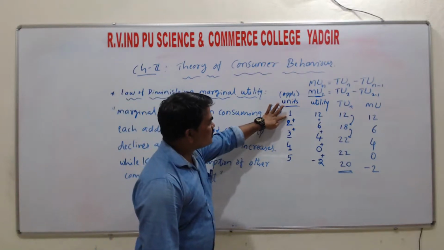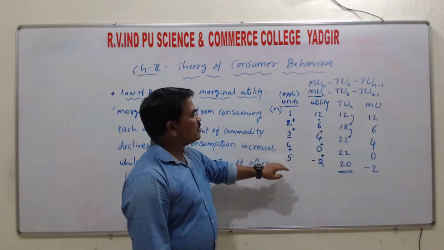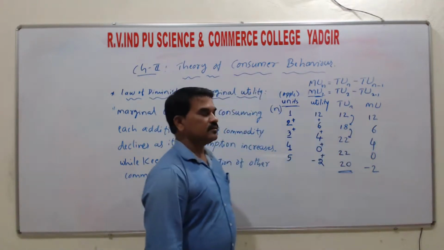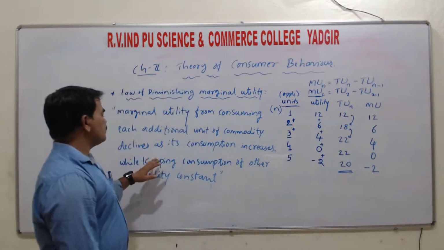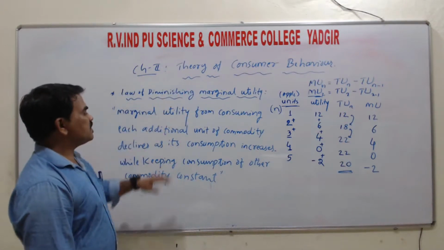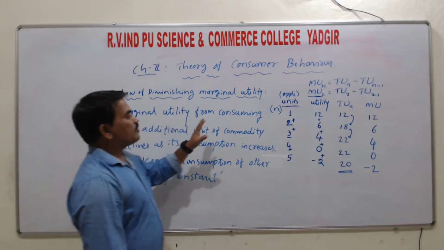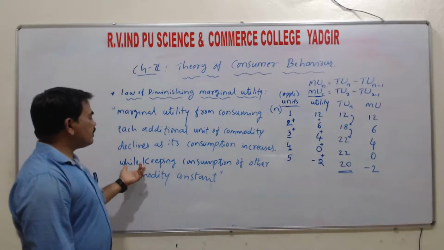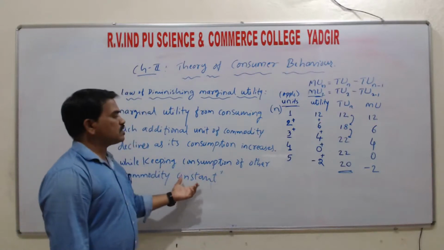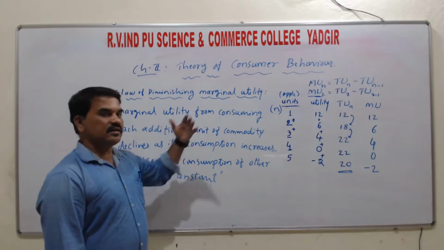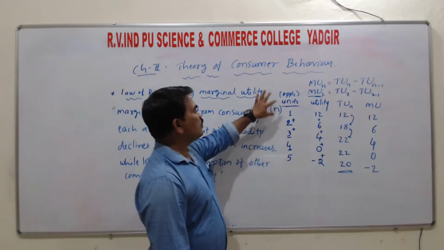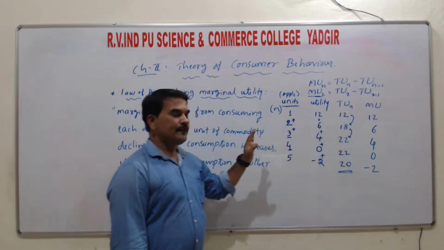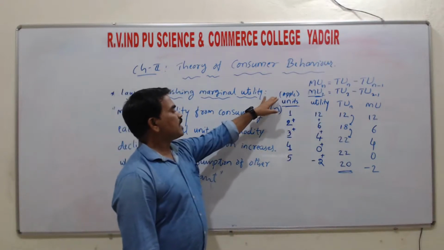As the consumption increases, the marginal utility declines. Correct? So that's what we call the law of diminishing marginal utility. When we have taken only one product, we are keeping the consumption of other products constant. We are not making any changes in other products, but we will deal only with this product, and we will try to understand how this marginal utility behaves for this particular commodity.